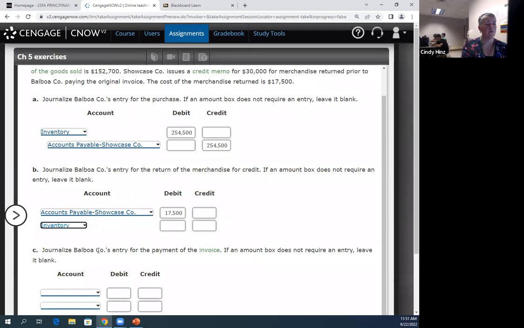But they also have to remove it from their inventory. They don't have that anymore. And again, a one-step process for Balboa, where it was a two-step process for the original seller.